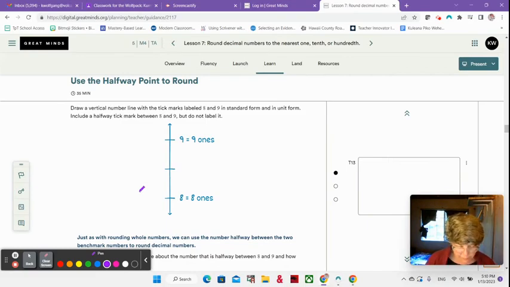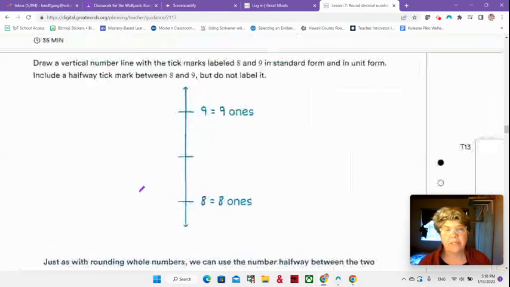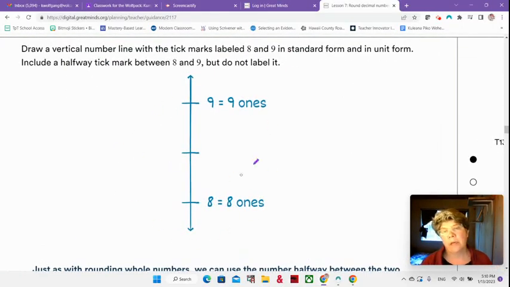All right. So now let's think about another one. Let's think about 8 and 3/10. All right. So looking at our same number line, our vertical number line, 8 ones, 8 and 5/10, and 9 ones.